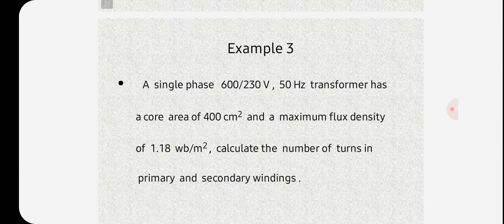Next we go for another problem. This is the last problem. A single phase 6600 by 230 volts, 50 Hz transformer has a core area of 400 centimeter square and a maximum flux density of 1.18 Weber per meter square.